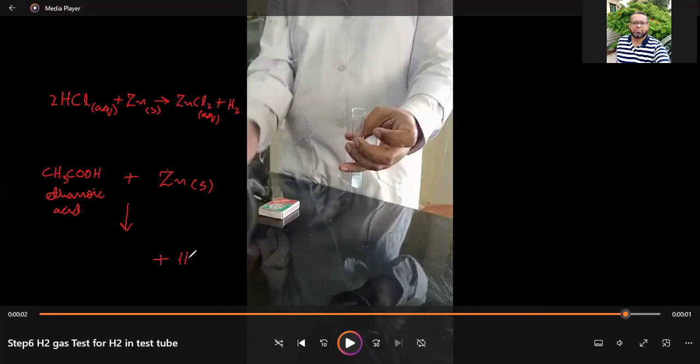So hydrogen gas is produced. It is only one, so for balancing there should be 2 moles. And the product that is obtained is zinc ethanoate. So there should be 2 moles of ethanoate for 1 mole of zinc ion. So this is zinc ethanoate.